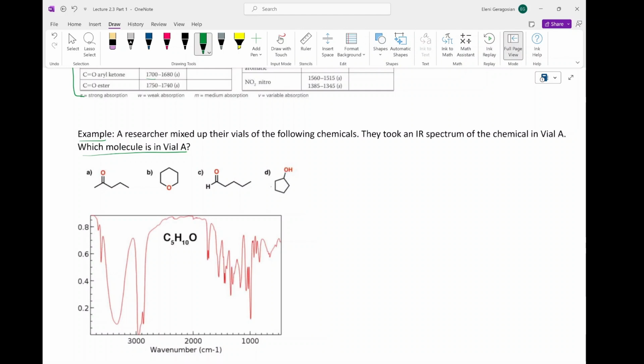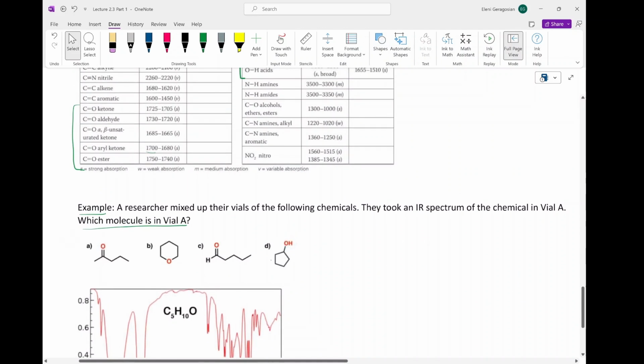If we look at the first molecule here, there's a carbon to oxygen double bond. Carbon to oxygen double bonds, this is one specific peak that is useful to recognize if it's there or not in an IR spectrum. Carbon to oxygen double bonds are right around 1700.